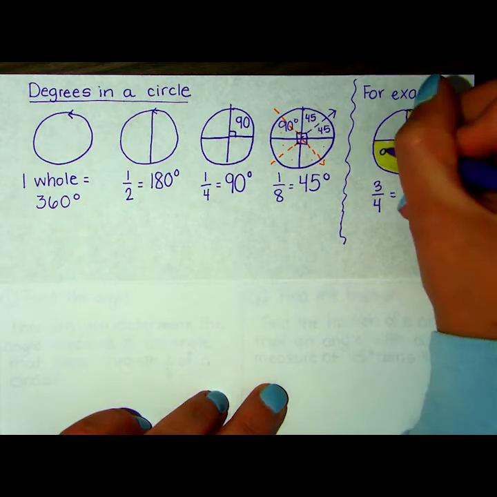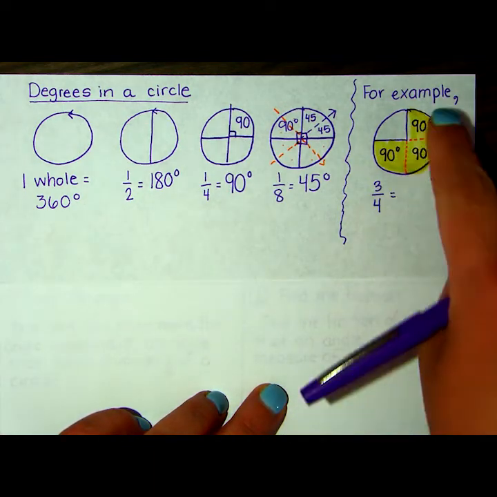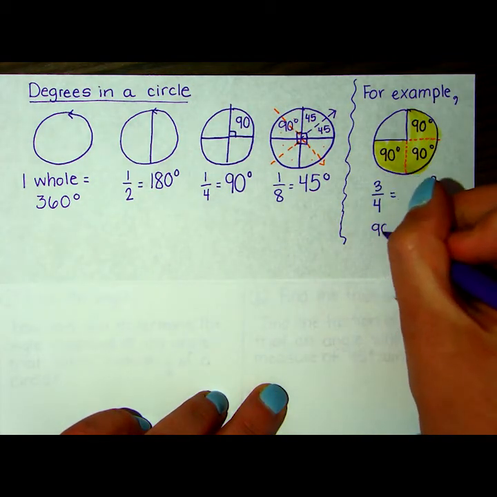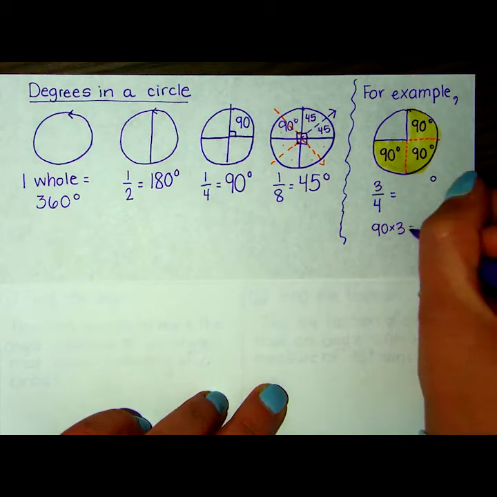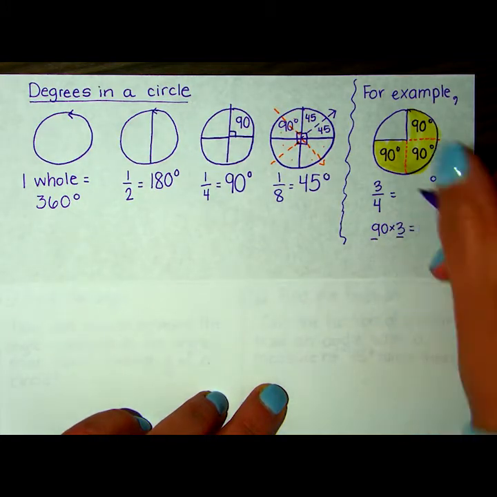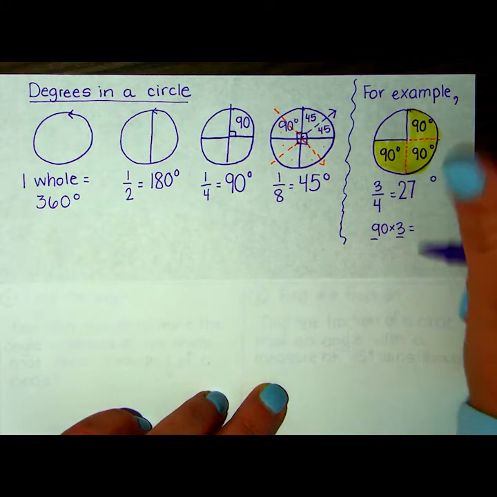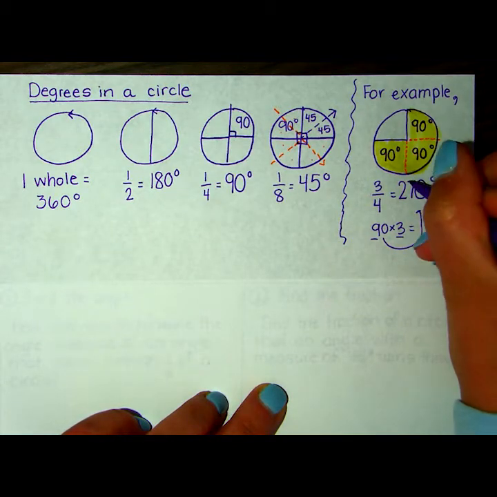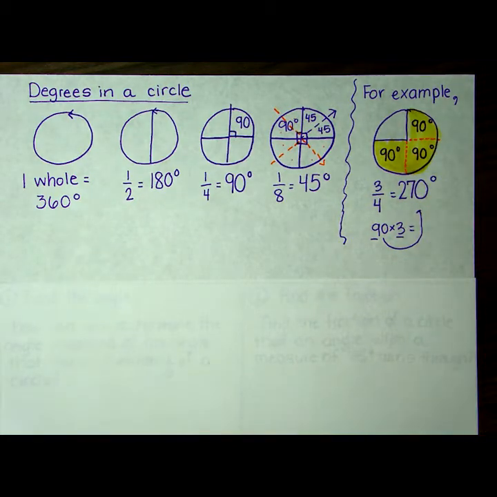So 3/4 would then be equivalent to 90 plus 90 plus 90, which is 90 multiplied by 3, and you know that 9 times 3 is 27, and then add on that 0 for a total of 270 degrees.